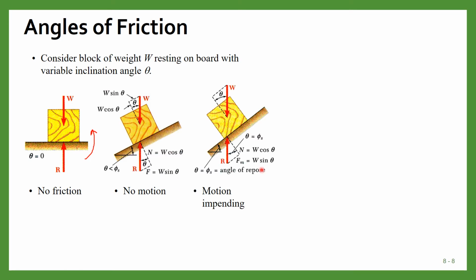Now if you continue to increase this angle, at one point the motion is about to start, meaning motion is impending. In that case we call this angle theta the angle of repose, and this is equal to phi r, which is the angle of friction.